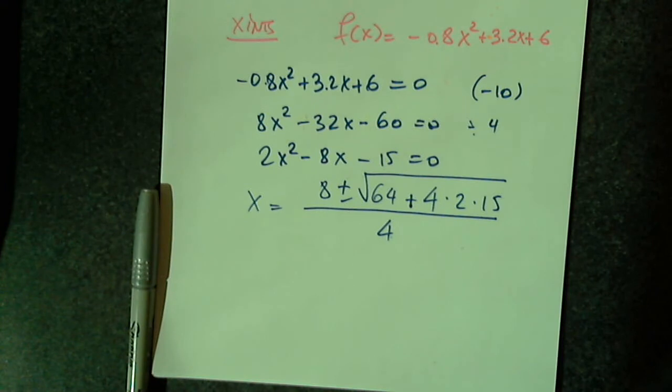Any questions on this? Should I do this again? So negative b plus or minus b squared minus 4ac, minus 4 times a times negative 15, but I have a minus from the formula and minus 15, so the two will turn into positive.